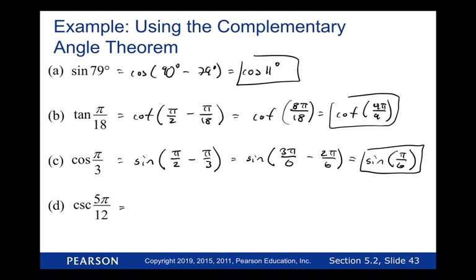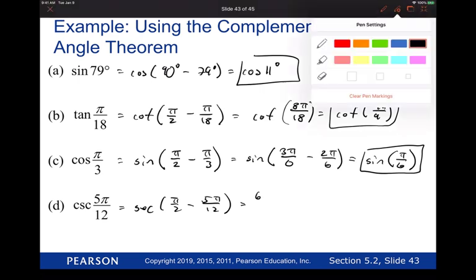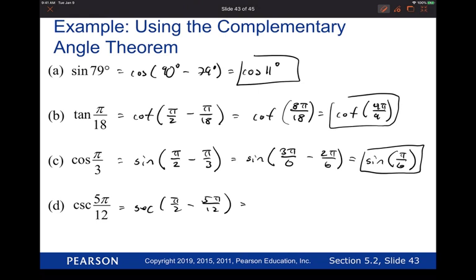So this should be secant of pi over 2 minus 5 pi over 12, right? So it's going to be secant 6 pi over 12 minus 5 pi over 12 to give us what? Any questions here?